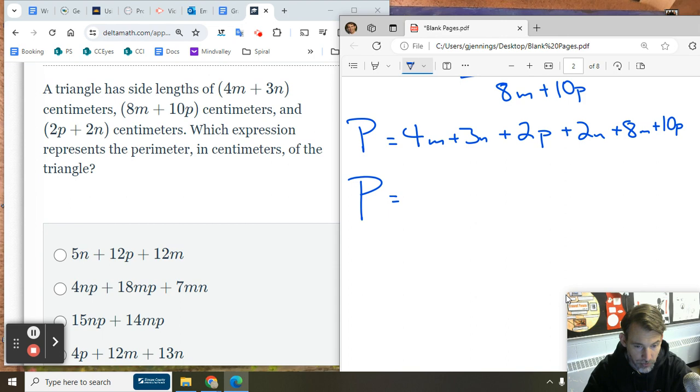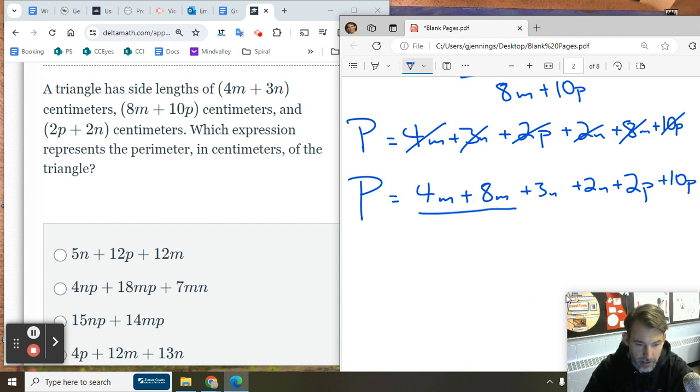I'm going to grab my m's first, m, n, and p. So I'm going to grab them in alphabetical order just so I don't forget a whole thing. 4m comes down, 8m comes down. Then I'm going to grab my n's, plus 3n, plus 2n, plus 2p plus 10p.